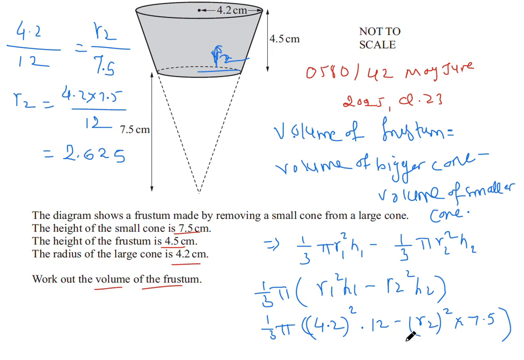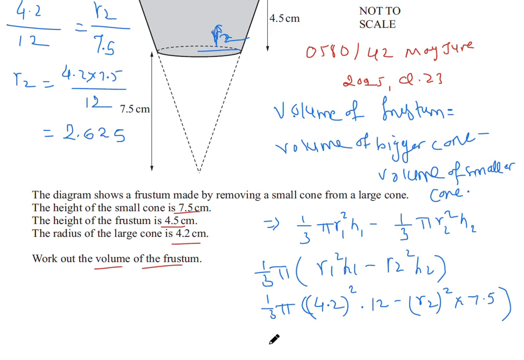So use this value as R2, and let us calculate the volume of the frustum, that is the shaded region. So 1/3 pi times 4.2 square times 12 minus 2.625 whole square times 7.5.